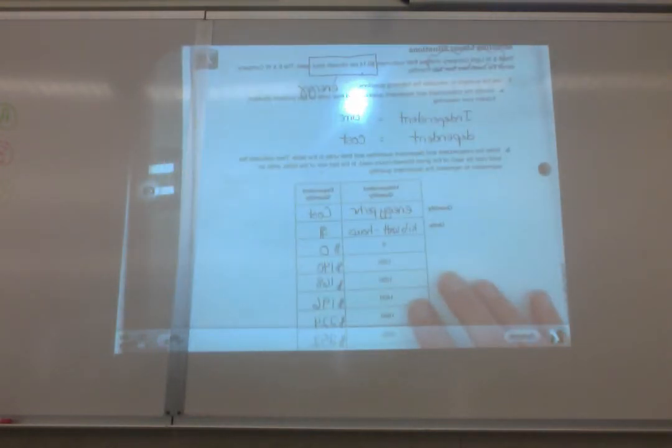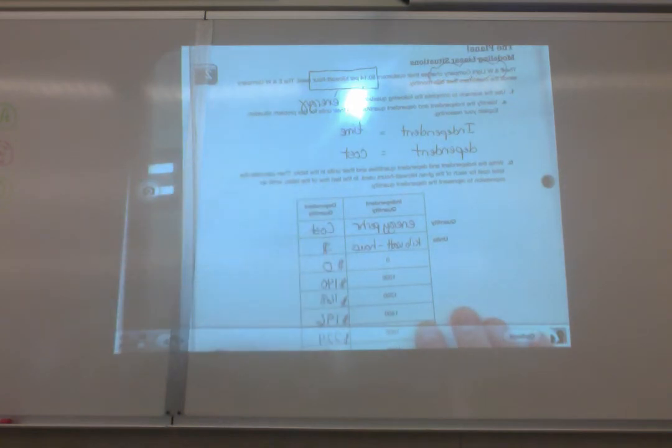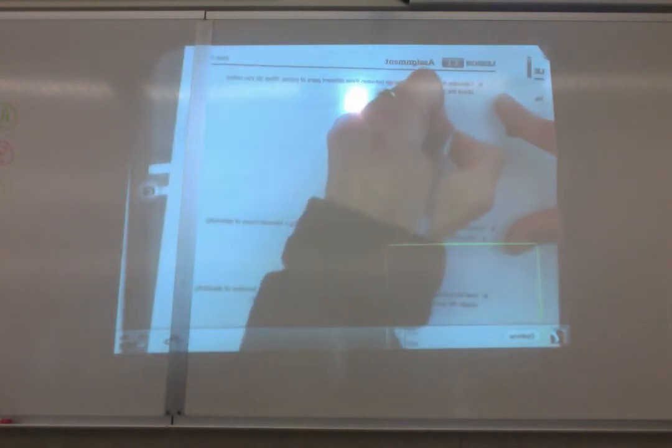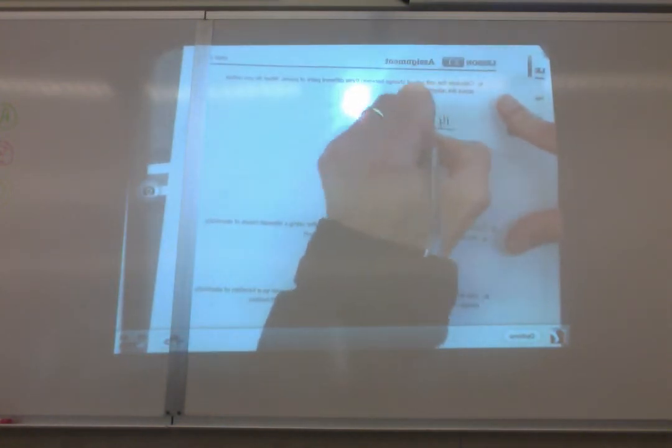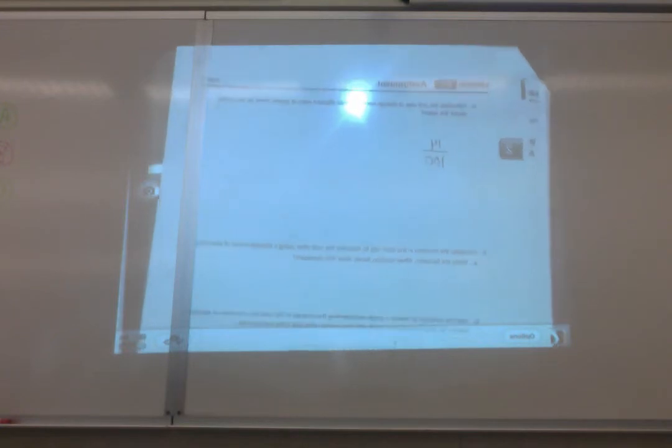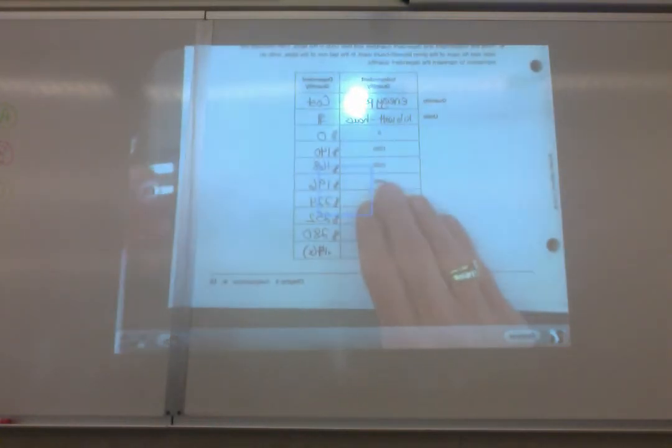We usually put the dependent variable on top and the independent variable on the bottom. So dependent variables are money, and so here's what we're going to have. You said 14 for every 100. How'd you get that, Jerry? Because I looked at the graph and I noticed that they go up by 200 and the price goes up by 28.